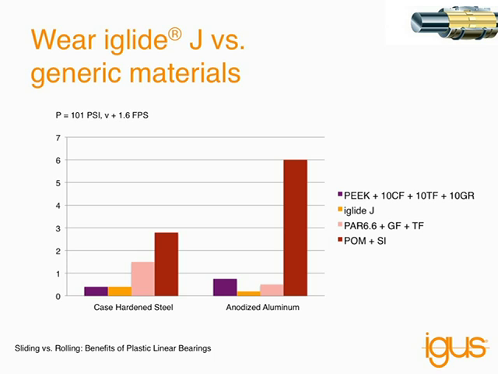Should be noted, PEEK was similar on case-hardened steel. The one thing I like to comment to that point is iGlide J is already tooled in industry standard linear bearing sizes, and PEEK is an expensive customizable type of plastic solution.